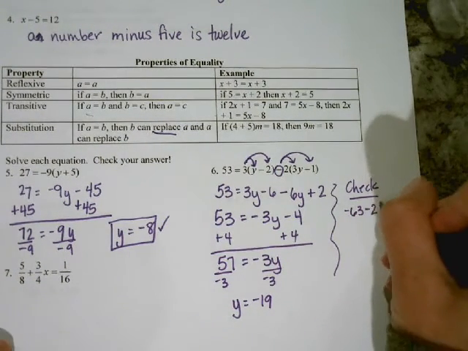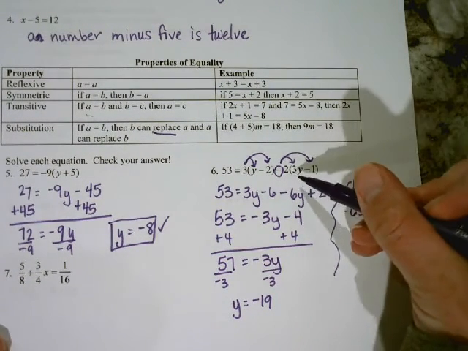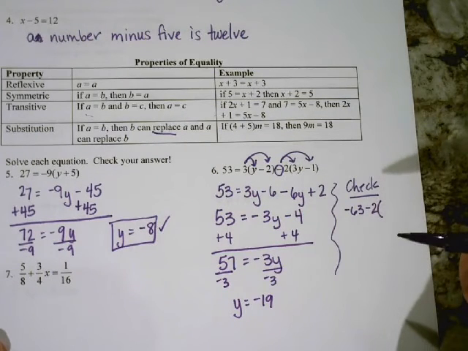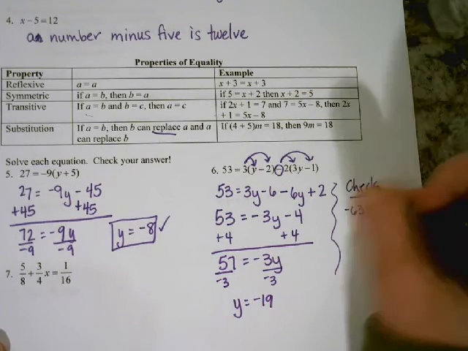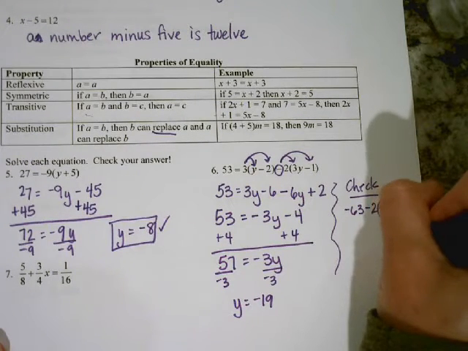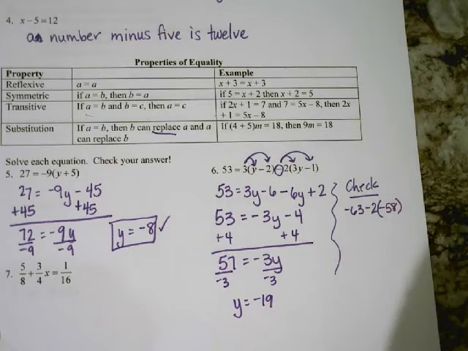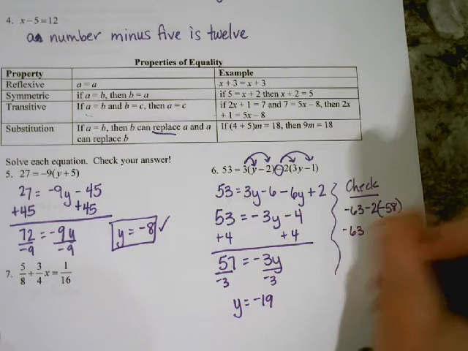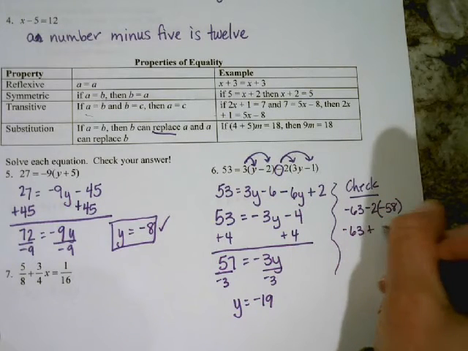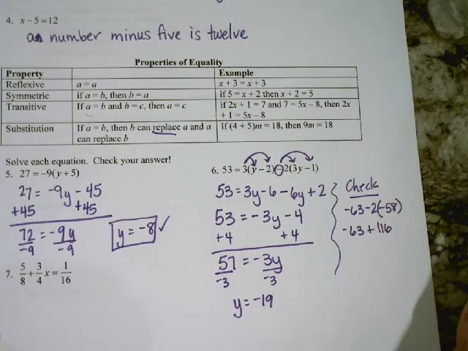Minus 2 times -19 times a -3 is -57. Minus 1 more is -58. So I have -63 plus 116. 116 plus a -63 is indeed 53.